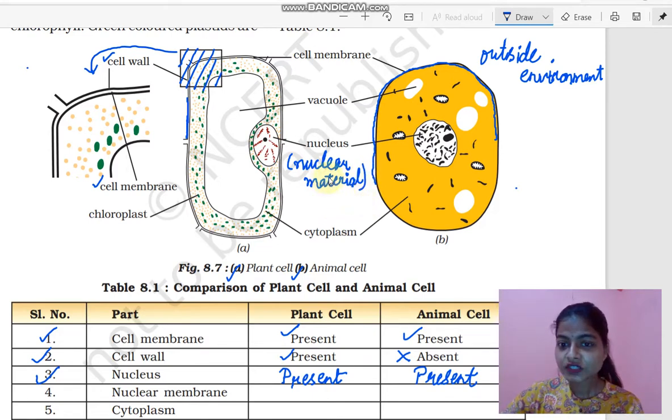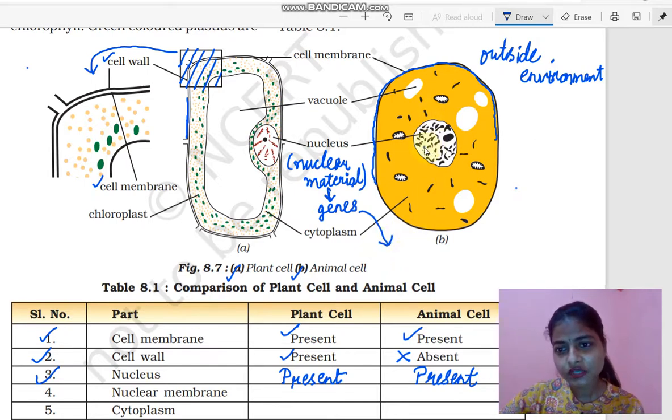This nuclear material transfers information from one generation to another by means of structures called genes. Genes transfer from one generation to its offspring, and genes are present on thread-like structures.